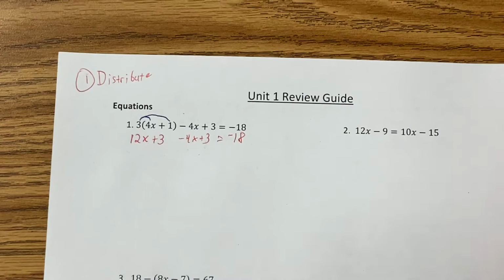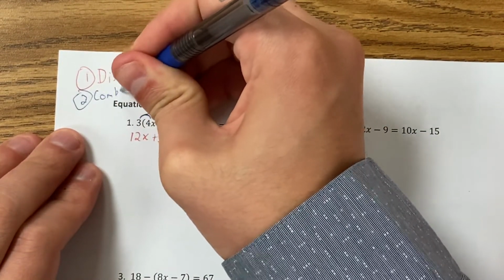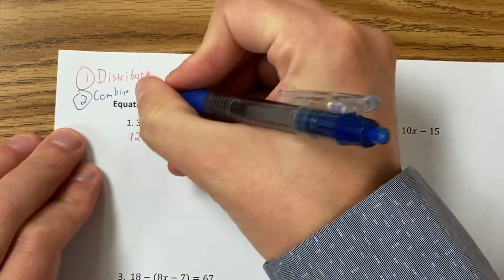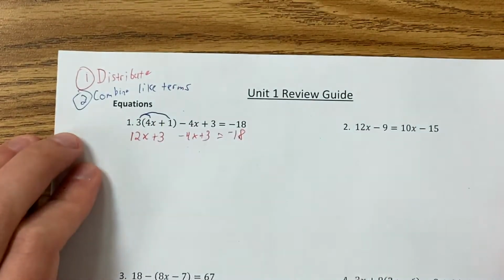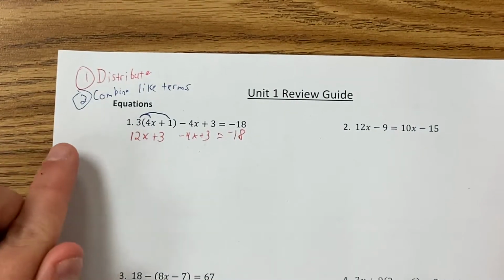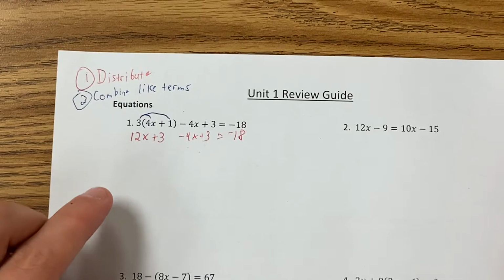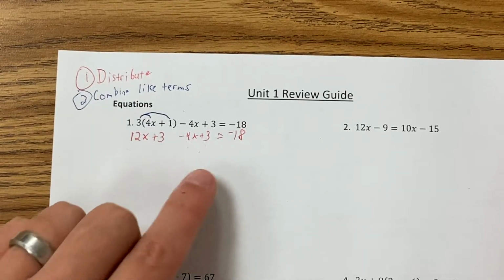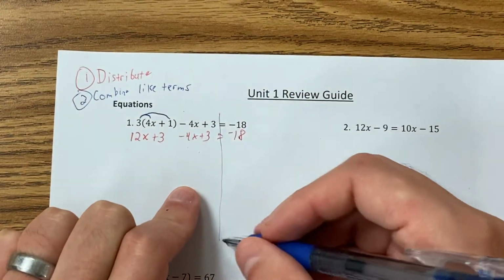In our next step, if we can, we are going to combine like terms. Anything that has an x, you're going to add them together. Anything that does not have an x, you're going to add them together. That is assuming they are on the same side of this equal sign.